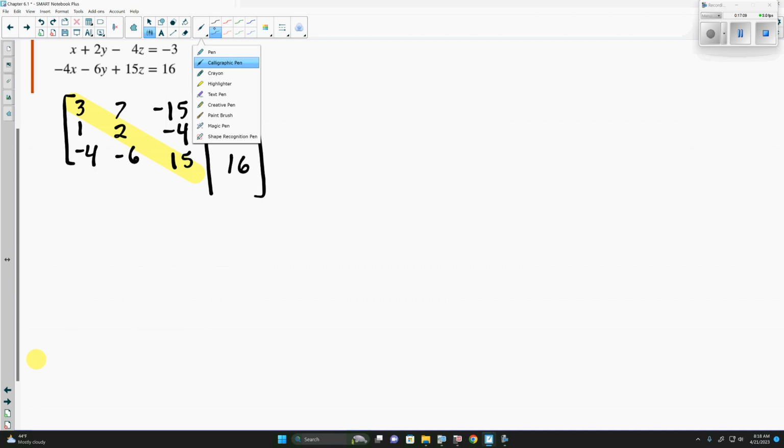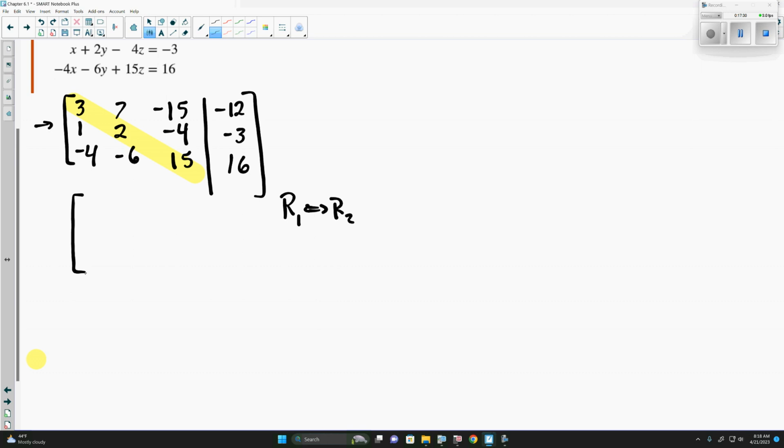If we look at this here, I do notice that the second row's first number is indeed a 1. So what we can do is take row 1 and switch it with row 2, which tells us that we have 1, 2, negative 4, negative 3.